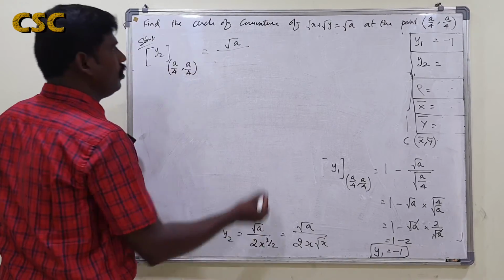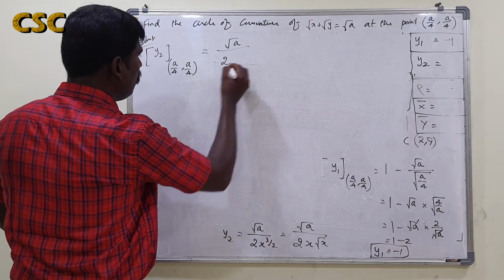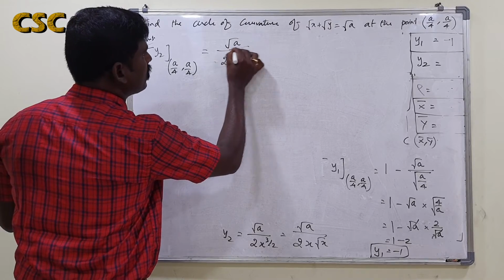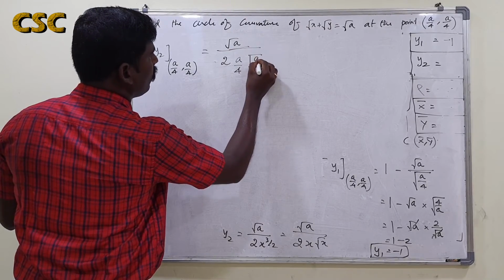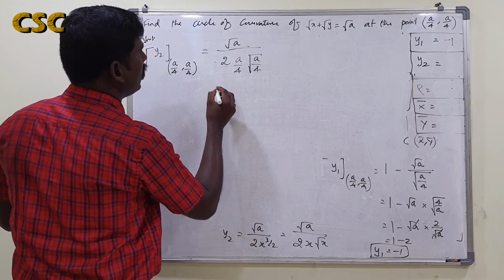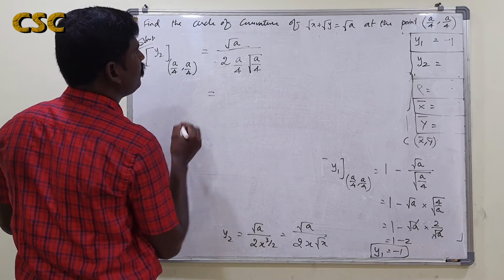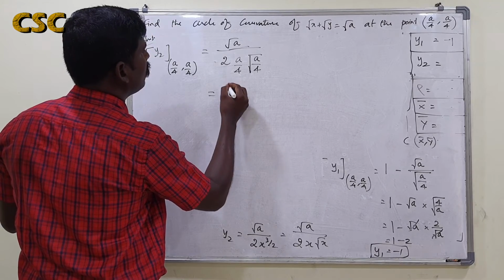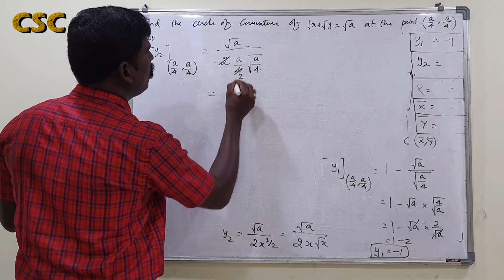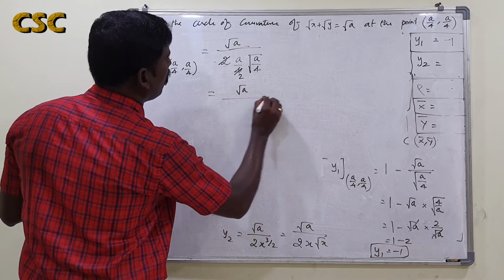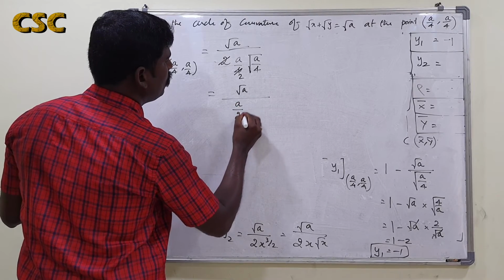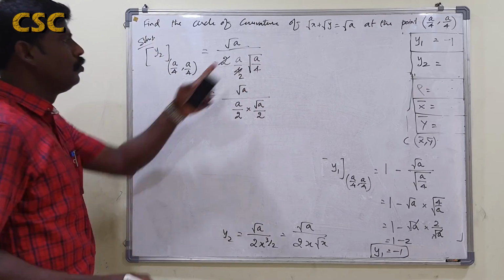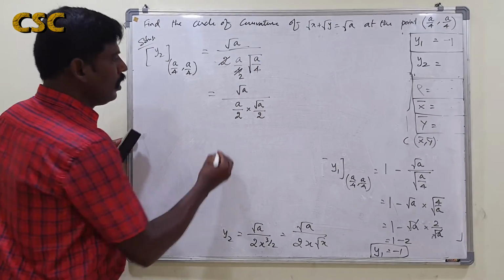So 2 into a by 4 into root of a by 4. You can cancel this 2 with this 4. So root a by 2 into root a by 2, root a by root of 4, which is 2.